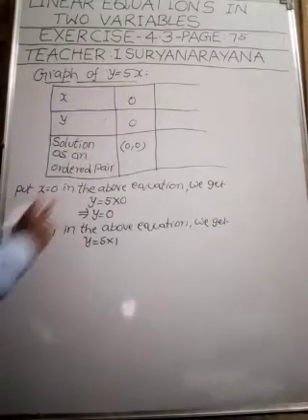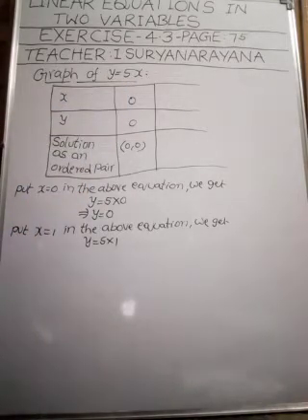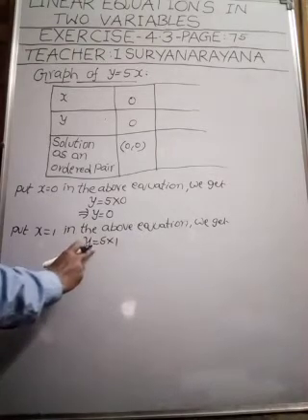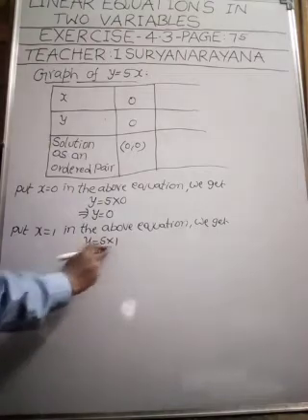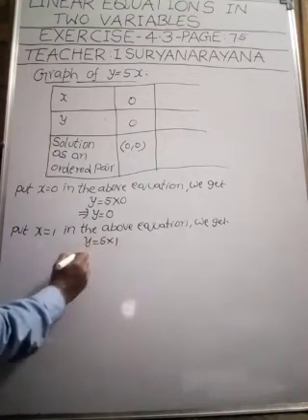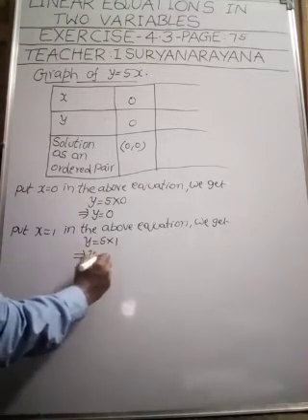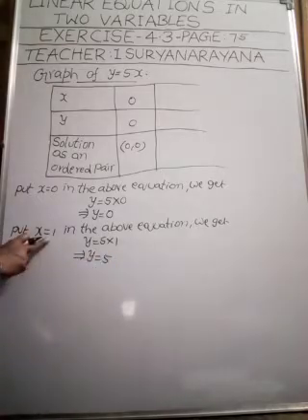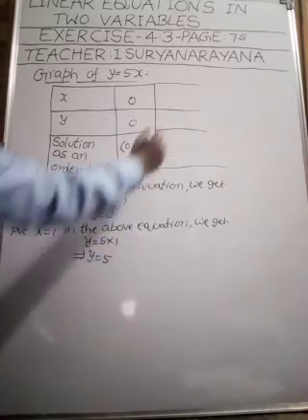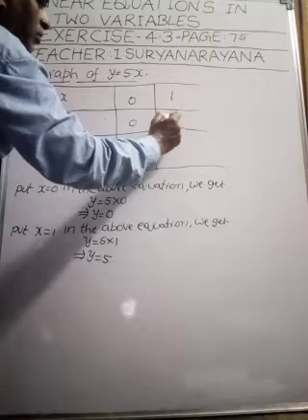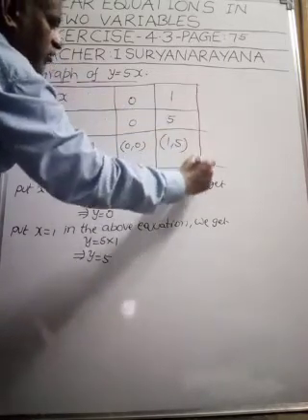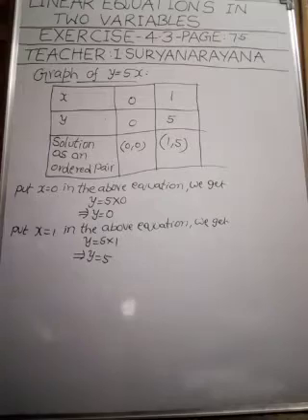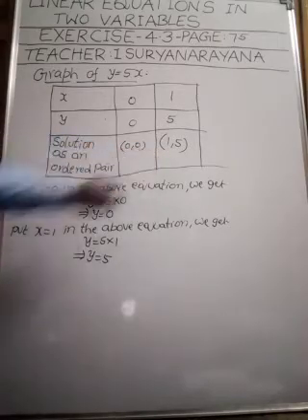Understood this step, my children? Right. This implies y is equal to 5. So when x is equal to 1, y value is 5. So x coordinate is 1 and y coordinate is 5. So we got 2 points, 2 ordered pairs.